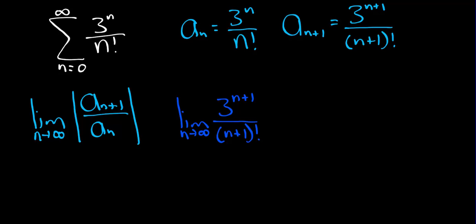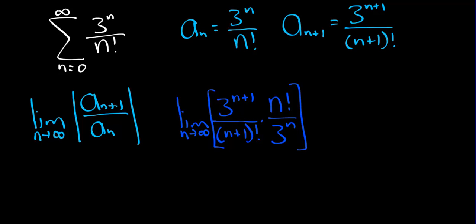This is always going to be positive. And I'm dividing that by 3 to the n over n factorial. In other words, I've got n factorial over 3 to the n. See? And I'll just do it like this. There's no need to have the absolute value in there.